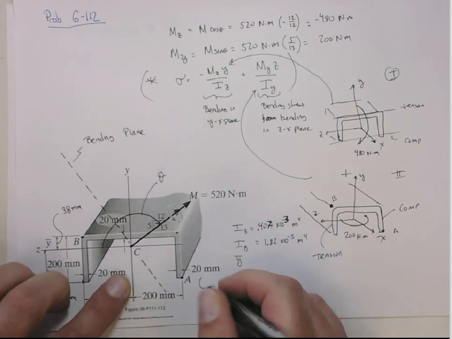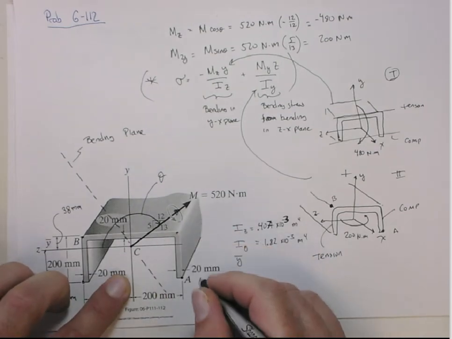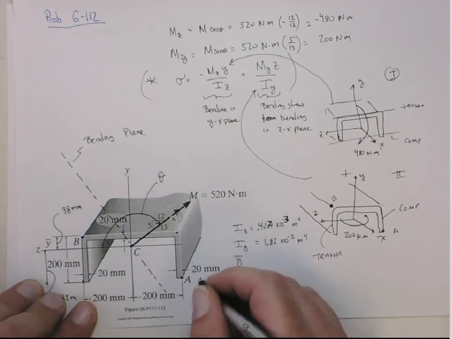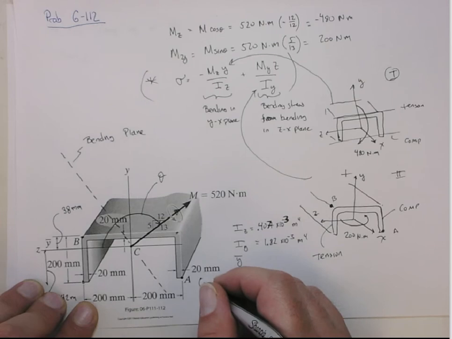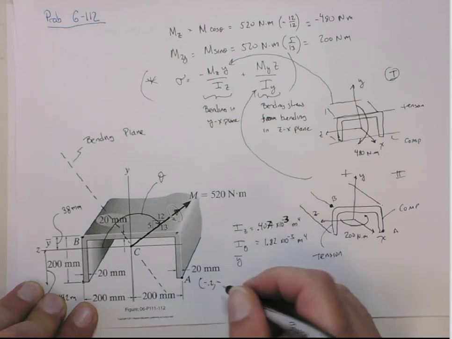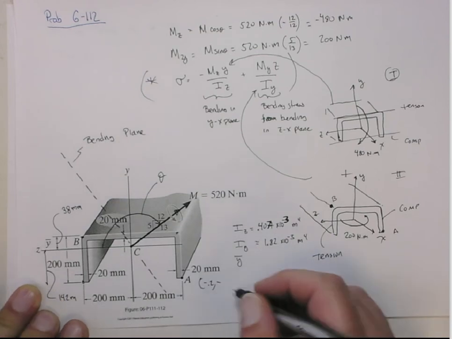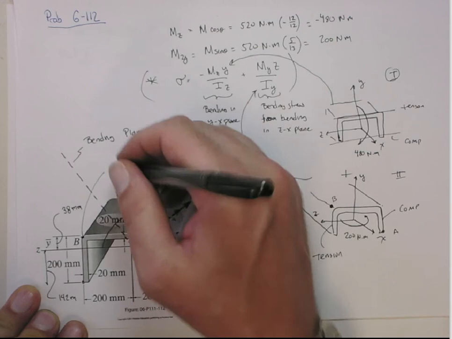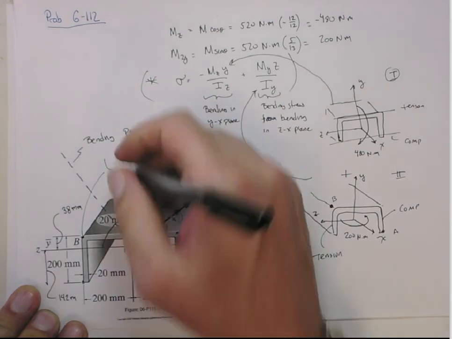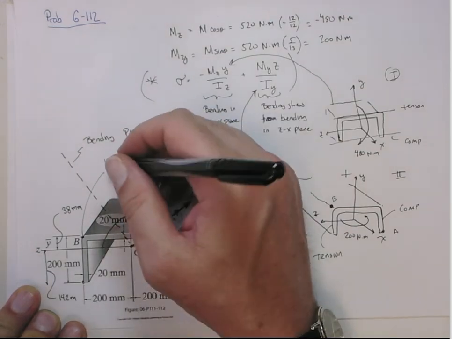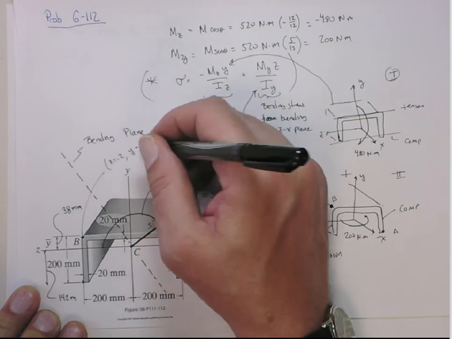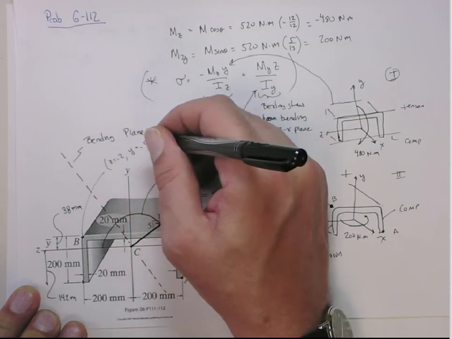z, we have a minus 0.2, and then the y is minus 0.142. And this here is at z equal to 0.2, and then y equal to 0.038.